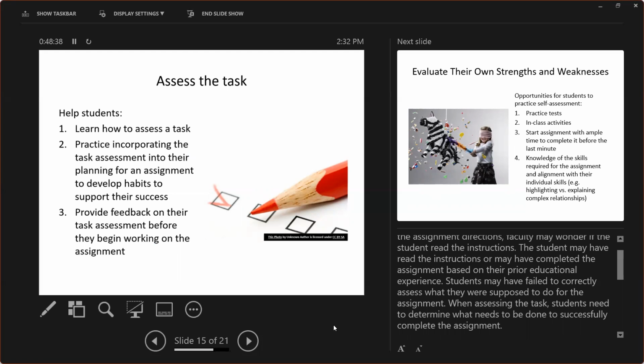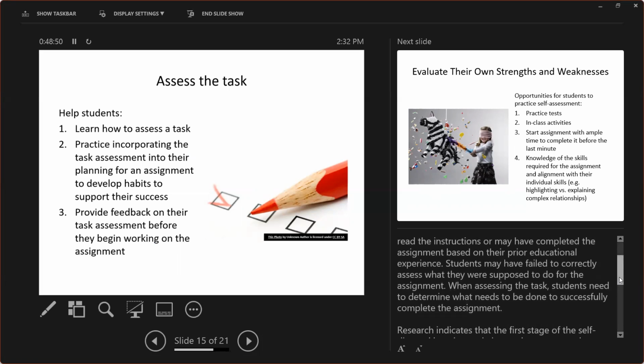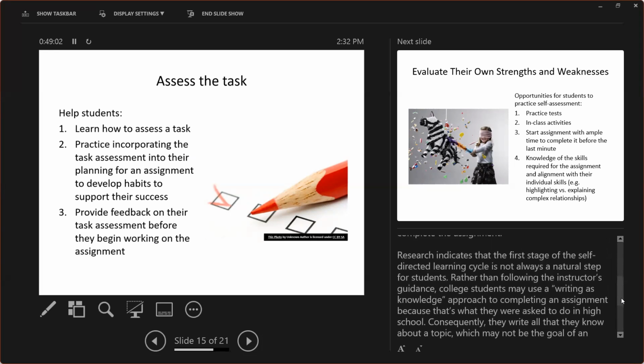Or I learned these techniques as a freshman, and so I'm still doing them as a sophomore or a junior. And so that means that they incorrectly assessed what they were supposed to do for the assignment. And if they incorrectly assess what they're supposed to do for the assignment, then clearly they probably aren't going to be very successful on the assignment.